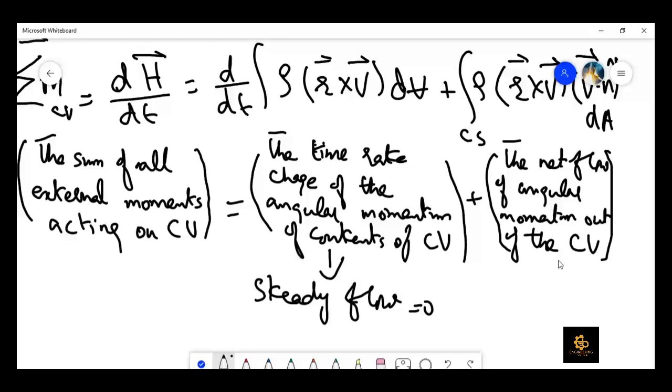So in the pump case, this thing would be positive. But when we talk about the turbine case, when we are getting the energy from the fluid which is coming on the turbine, then this quantity would be negative.